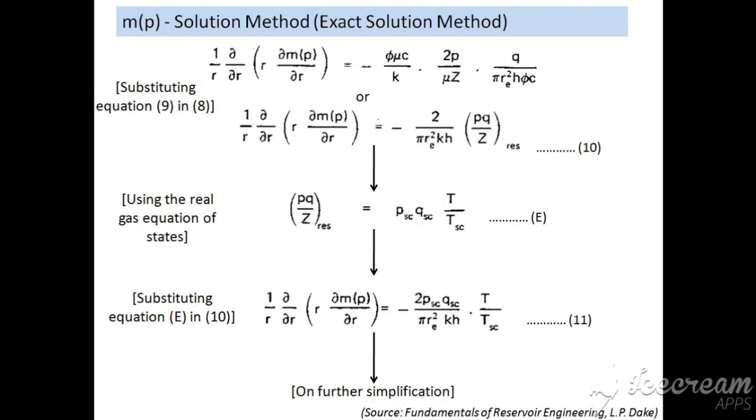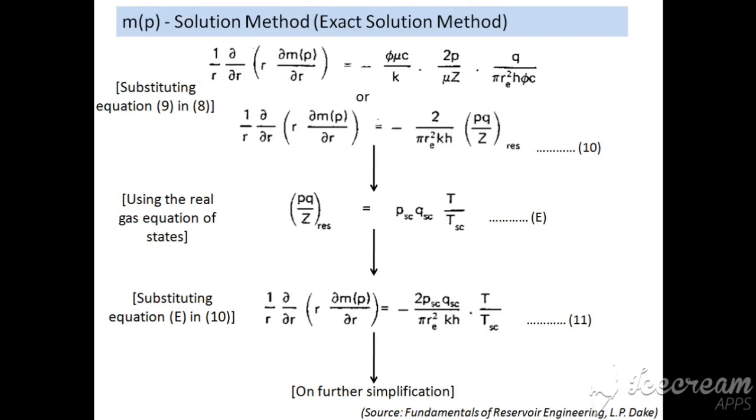Further moving ahead, substituting equation 9 in equation number 8 in the differential form of the flow for porous media, we will also use another real gas equation of state, since the conditions we are getting are at reservoir conditions. So we have to replace them by the surface conditions. This is generally the comparison of reservoir condition and surface condition by the equation of state.